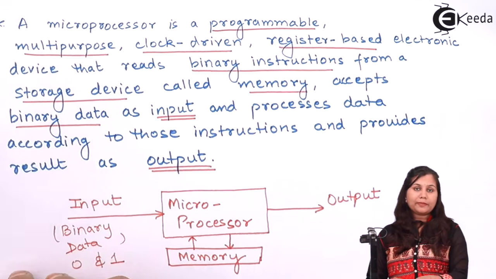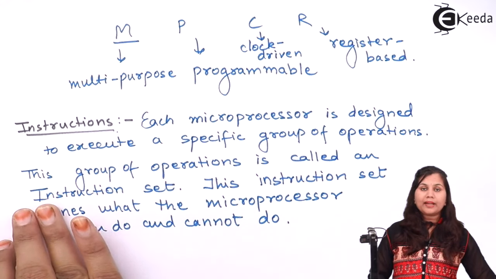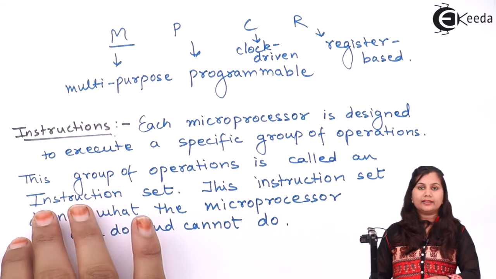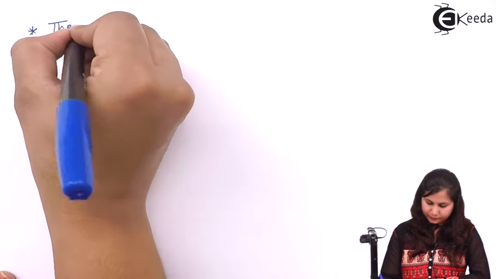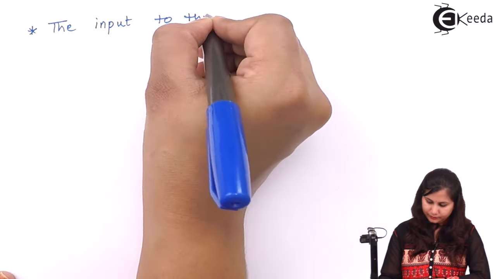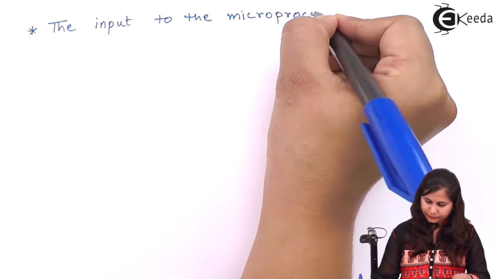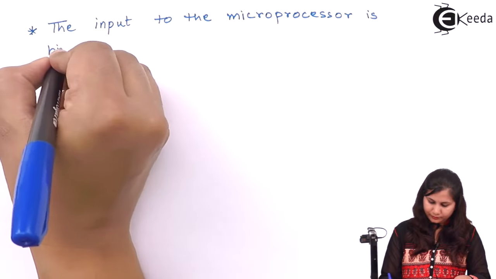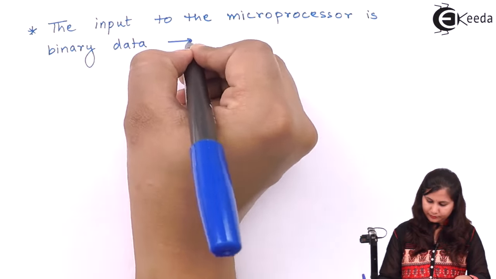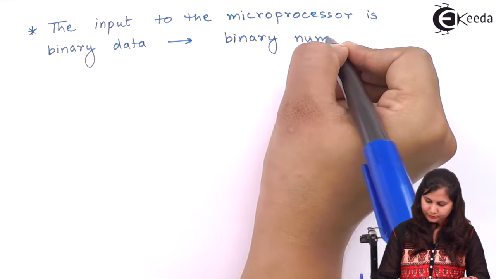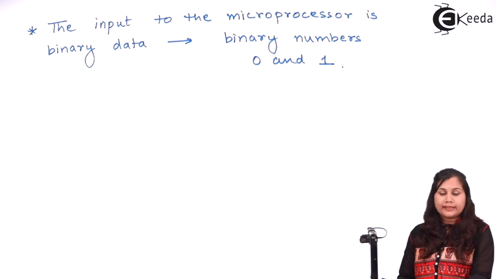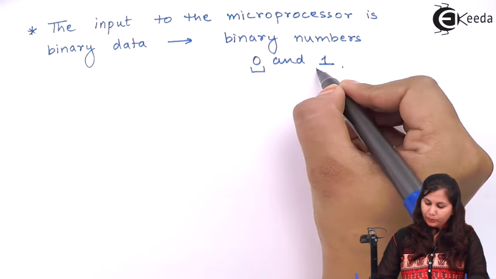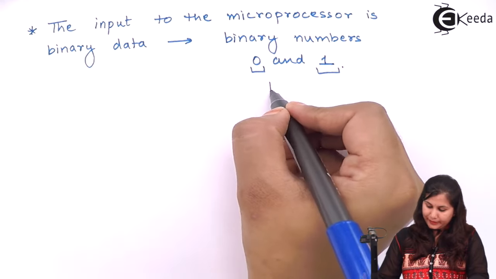The input of the microprocessor is binary data, and this binary data is in the form of binary numbers 0 and 1. These binary numbers 0 and 1 are also known as bits.